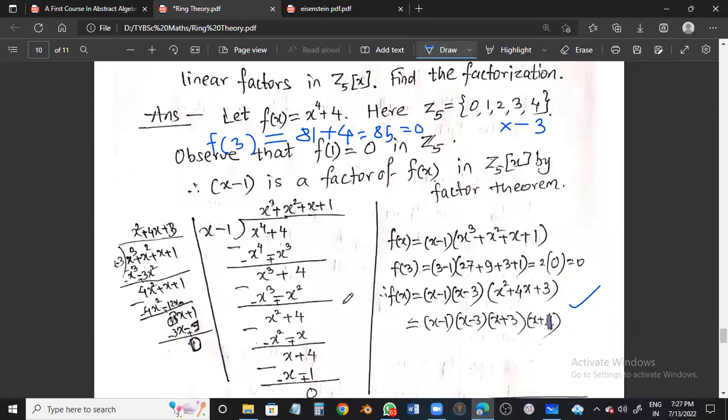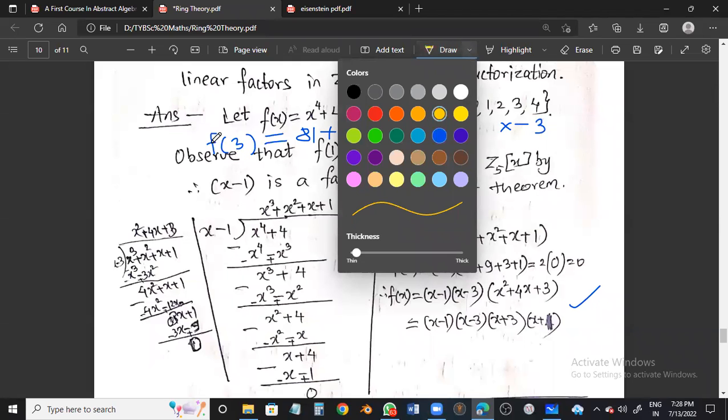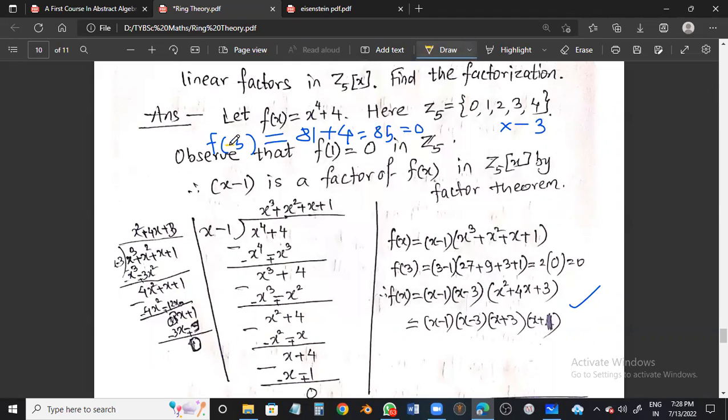And continue division. By continuing division, you'll come to your answer. Also, what I have done here, I have gone with minus 3 also. If I go with minus 3, this will be x plus minus 3. So I got two factors, x plus 3 also and x minus 3 also.